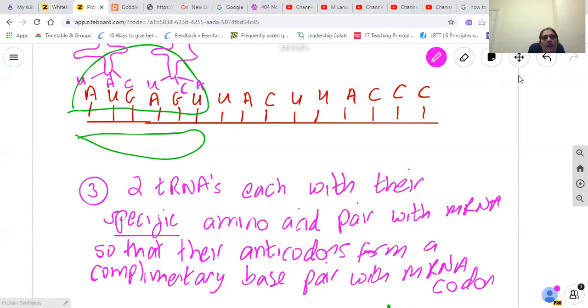Okay, so we've got 2 tRNAs. They've paired up with their anticodons pairing with the codon.